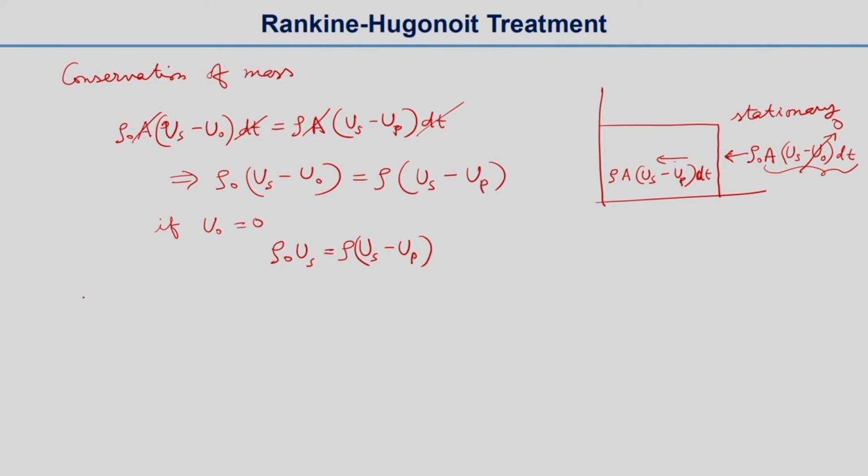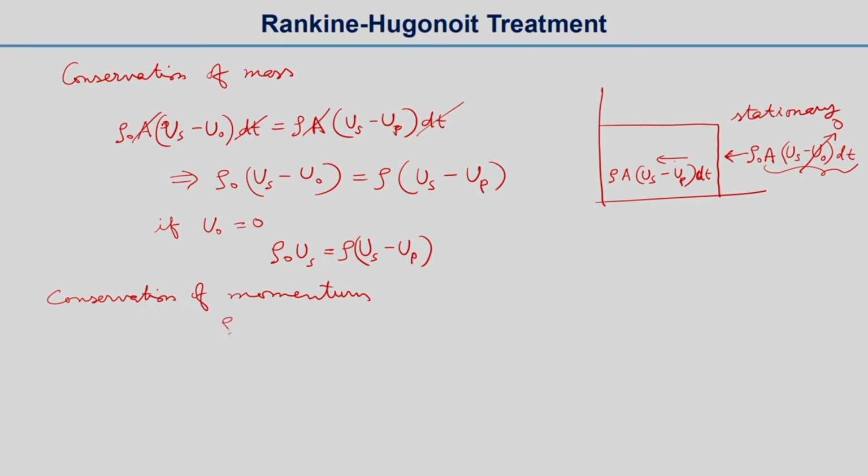After that we will take the conservation of momentum. We know that momentum is mass multiplied by velocity, and the change in momentum will be equal to the impulse.